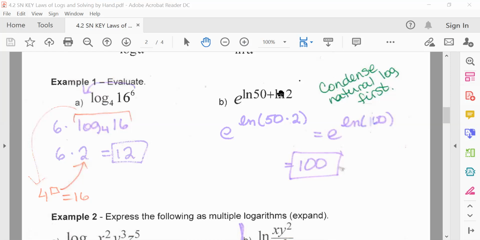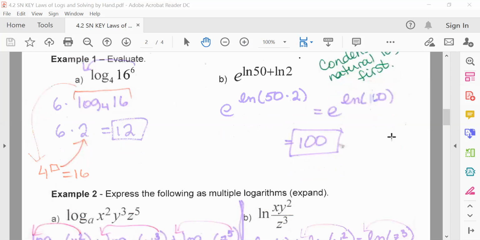To condense 2 logs that are added together, take 1 log and multiply those values. So now our exponent is natural log of 50 times 2. So then that's e to the natural log of 100. From those special properties, e and natural log undo each other. So e to the natural log of 100 simply becomes 100.